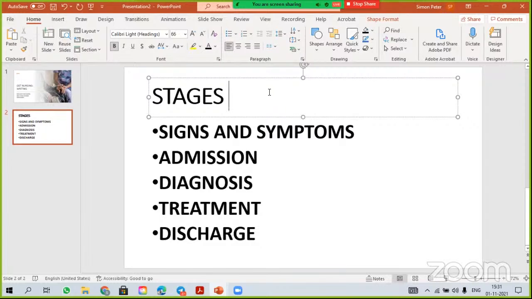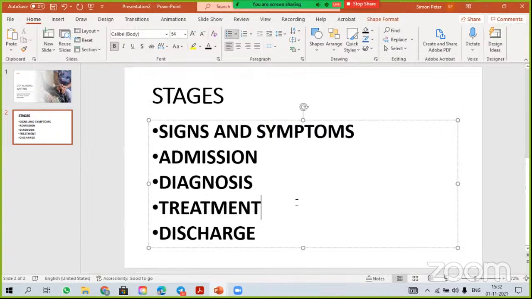You can say whose signs and symptoms are suggestive of, or who was admitted to the hospital, or who was diagnosed with, or who underwent treatment or replacement or surgery. Discharged or transfer.